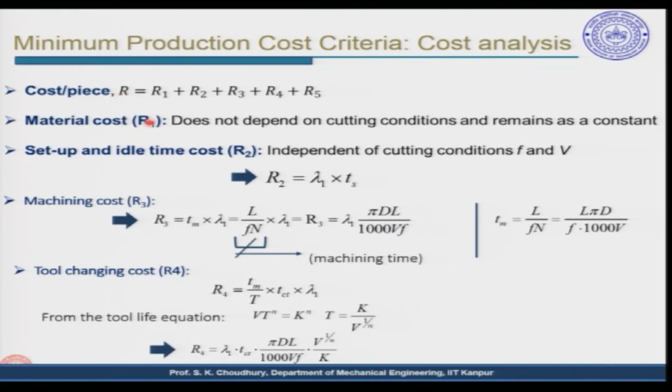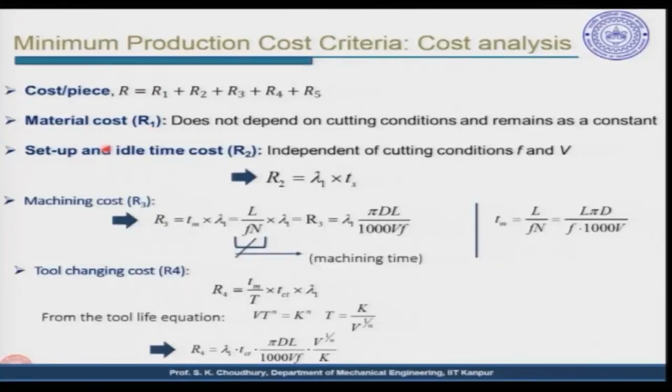Now, the material cost does not depend on the cutting conditions and remains constant. What we are discussing here is the optimum cutting speed that will make the cost minimum. In the material cost, the velocity does not have an effect, so this is constant.